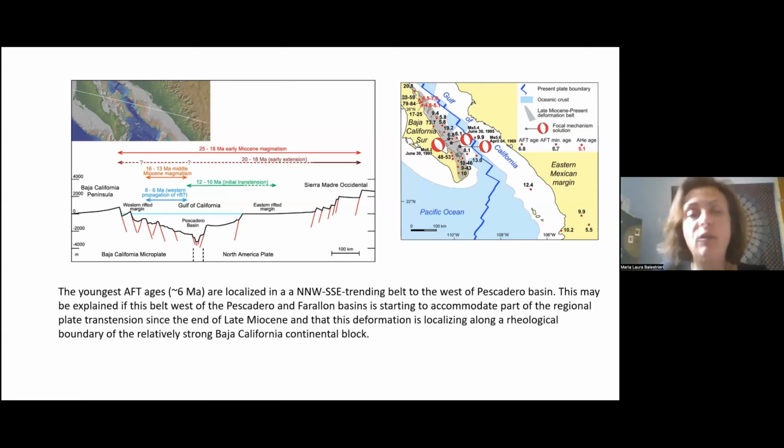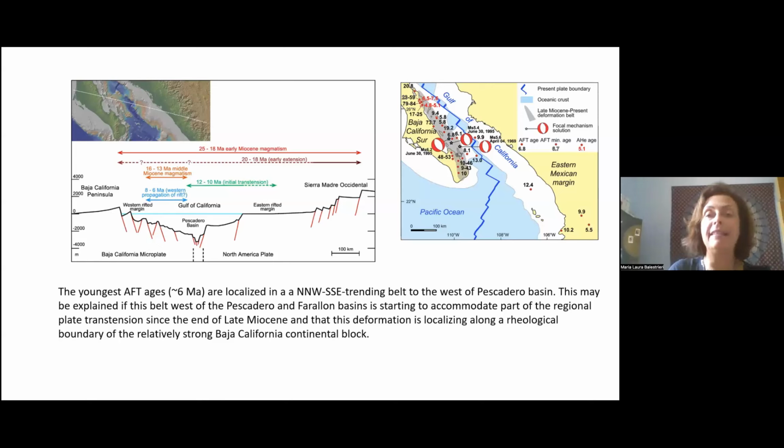No, it's not. First of all, the crust has been thinned a lot during the localization of the stress after the wide rifting stage. This is because we have the Pescadero Basin, and to the west the Alarcon Basin and the Farallon Basin.